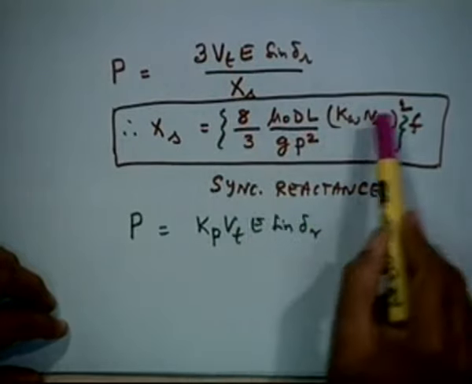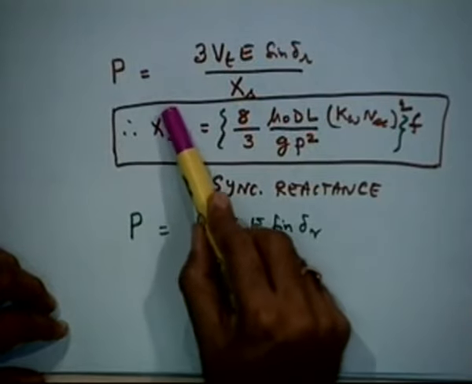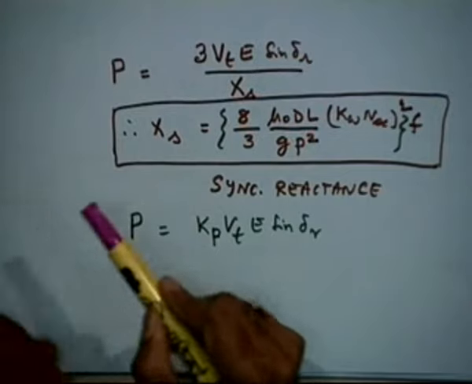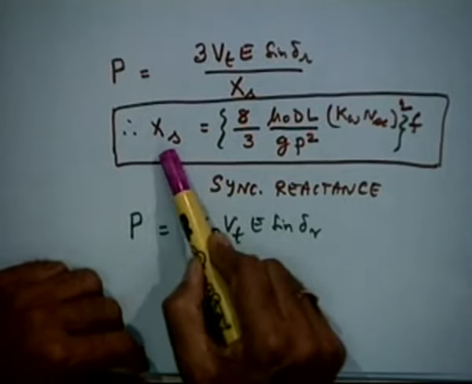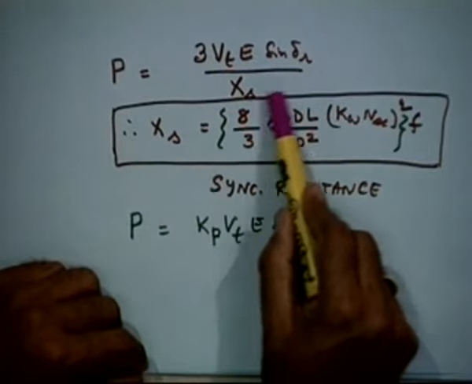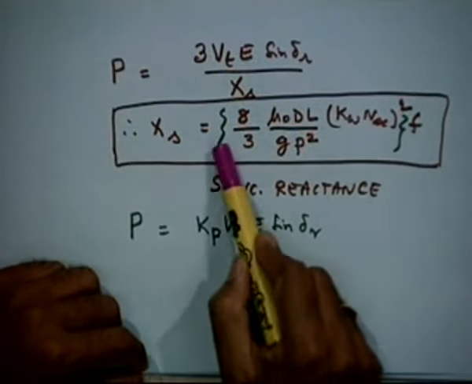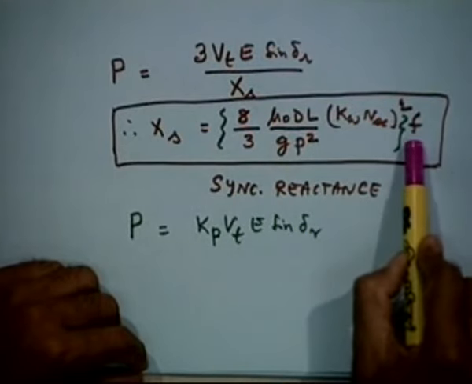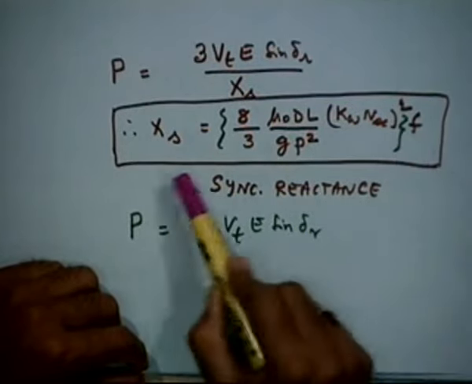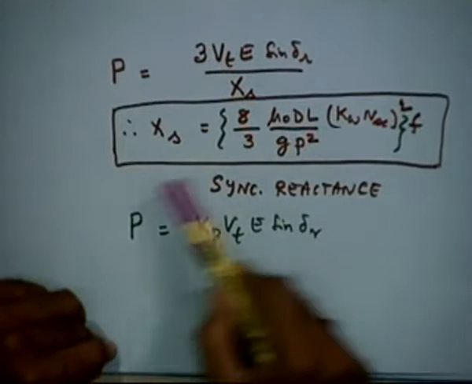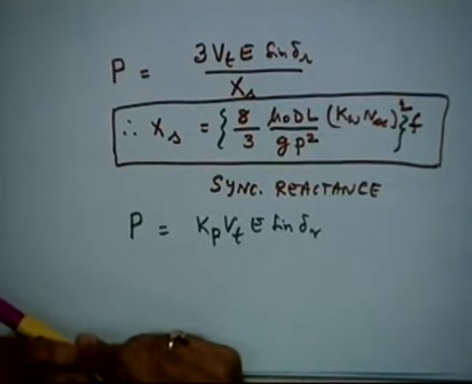So, this is how you can control the synchronous reactance, because the performance of the machine has a bearing on this parameter called synchronous reactance. How do you control it? You can control it by proper design at the design stage. And of course, normally frequency is fixed for the machine. So, you can fix the value of synchronous reactance.